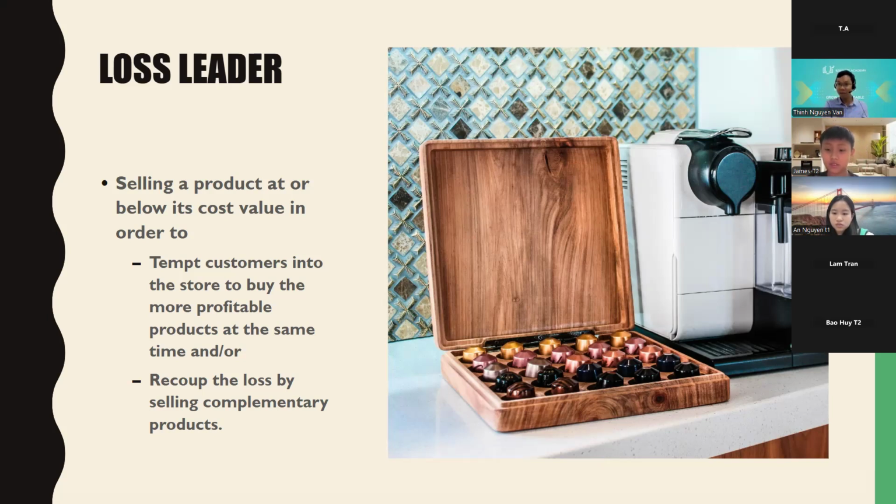Maybe for the coffee machine, I earn no money, it's just break-even. Let's say I produce the machine for 10,000 and sell it for 10,000. I don't make any money on it, but I make money because when people buy that machine, they're going to buy coffee powder from me to make coffee. So that's an example of this strategy, the loss leader.